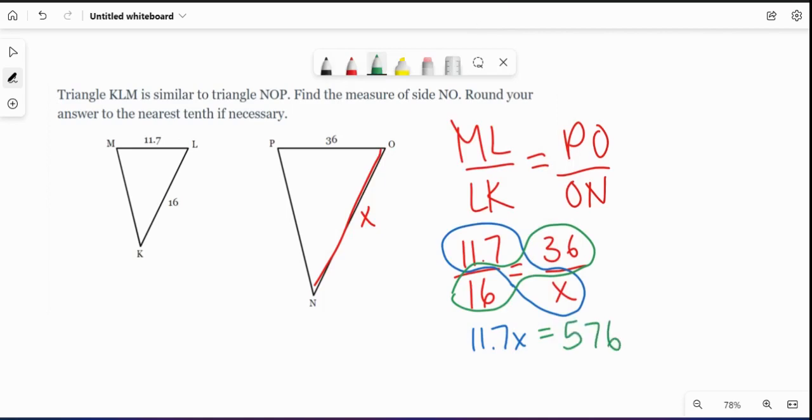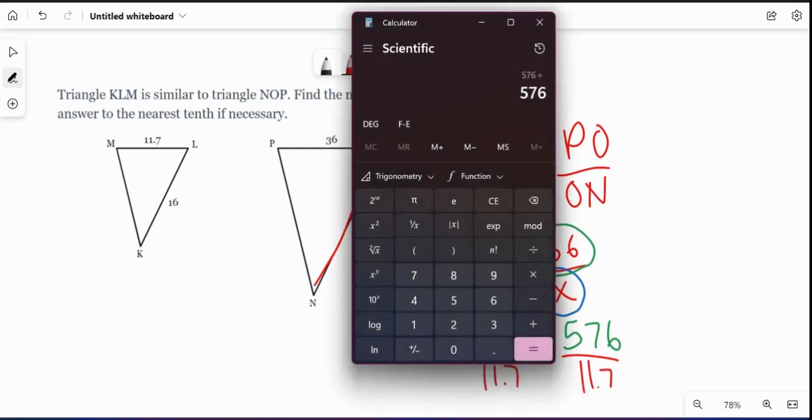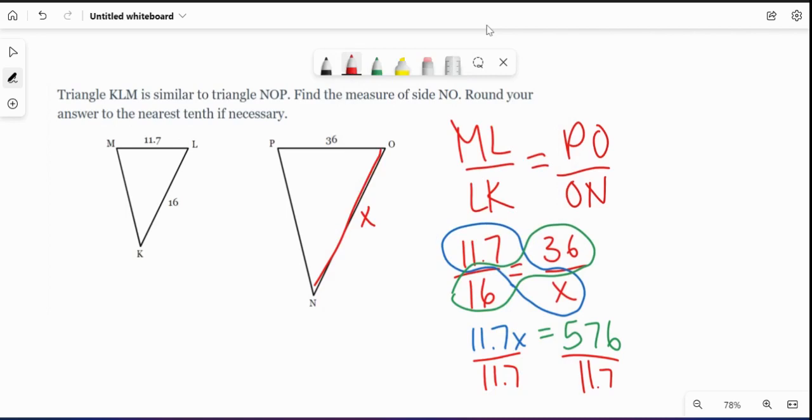You're going to need it because we're going to divide both sides by 11.7. Divided by 11.7, and you get, whoa, long number, but we're rounding to the nearest tenth. So it's about 49.2. So my x is about 49.2.